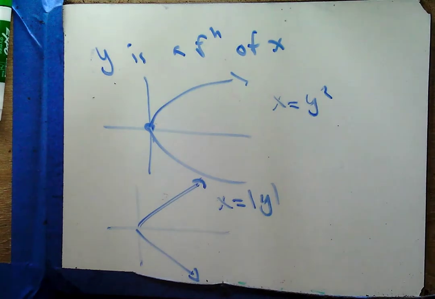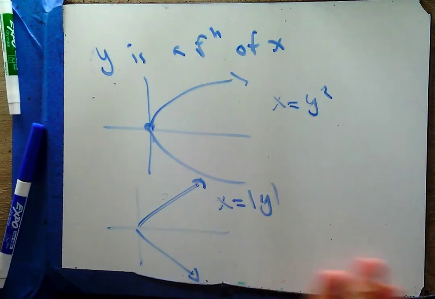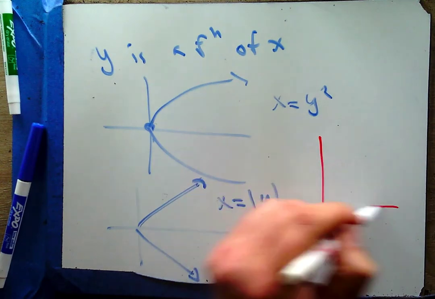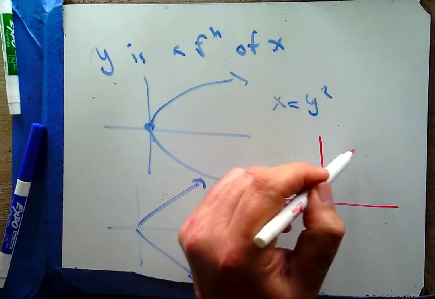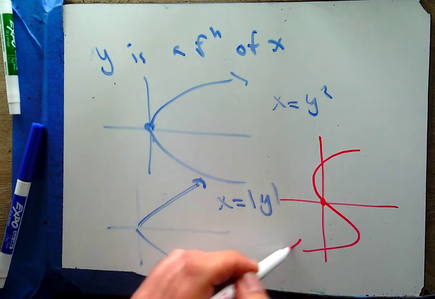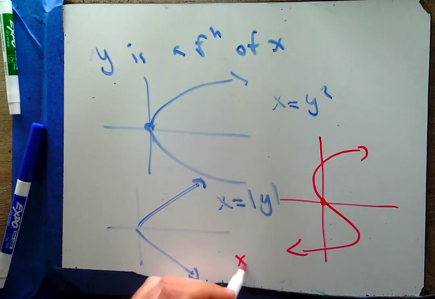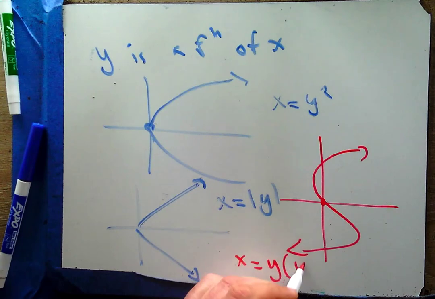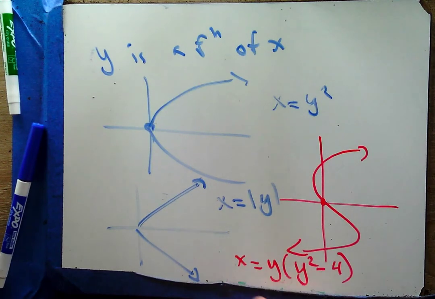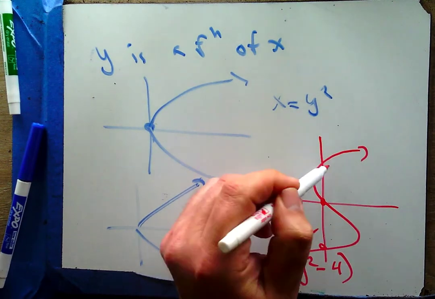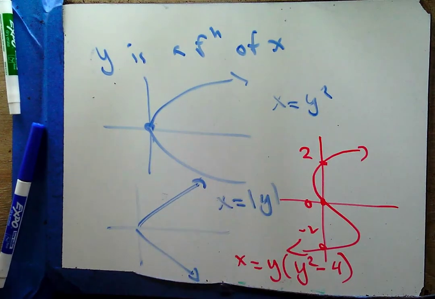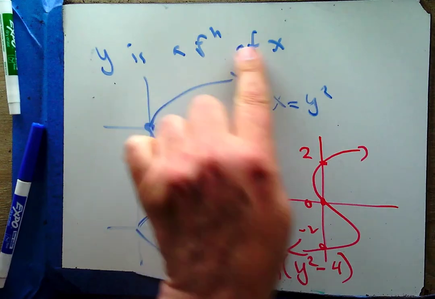So whenever I see a y squared or an absolute y, even if I saw something like x equals y times y squared minus 4, for example, -2, +2, and 0. Yeah, that definitely isn't passing the vertical line test. If I distribute, it's definitely a polynomial, but not a polynomial of x. And that's what this says.